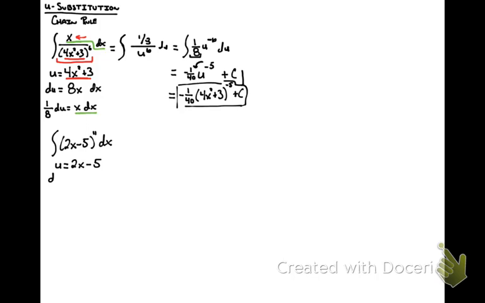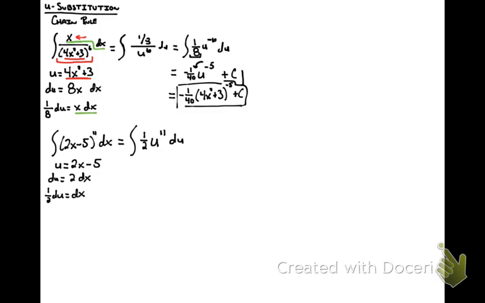And this means that du must equal 2 dx. And this means that half of du must equal dx. So by substitution, I know that 2x minus 5 is equal to u, so this becomes the integral of u to the 11th. I know that dx equals 1/2 du, so I'll replace dx with 1/2 du.